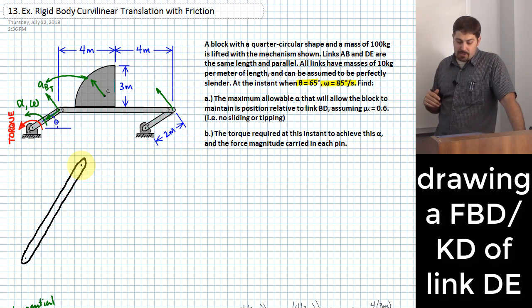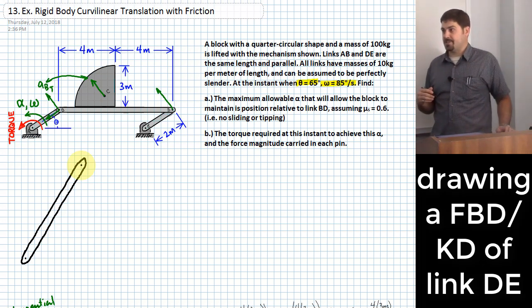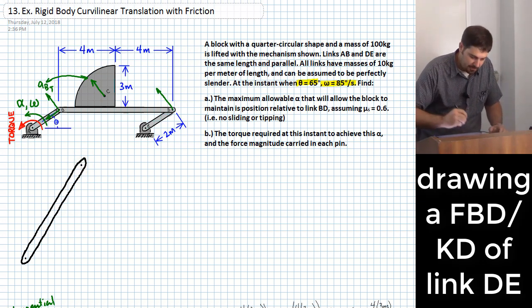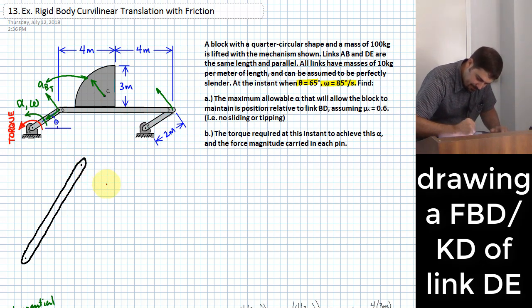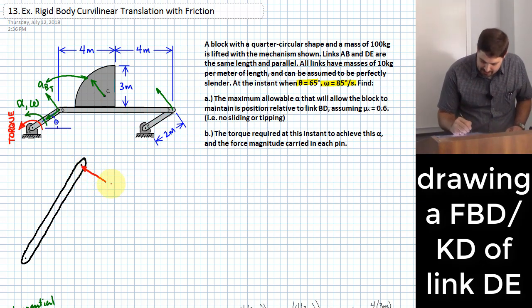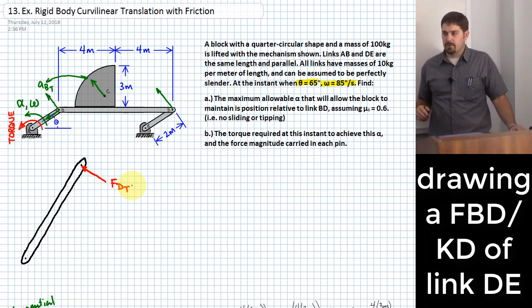So I can actually show the forces applied to point D such that they are aligned with the direction of the link itself. Let me show those here as a force that I have acting on D pointing this way, perpendicular to the member, and let me call that FDT. What do you think the T might stand for?